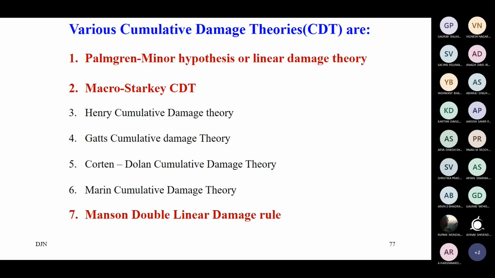We'll also see one of the non-linear cumulative damage theories, the Marco-Starkey theory, where we can clearly identify the benefits over the linear theories, for example the Palmgren-Miner theory or the Manson double linear rule.